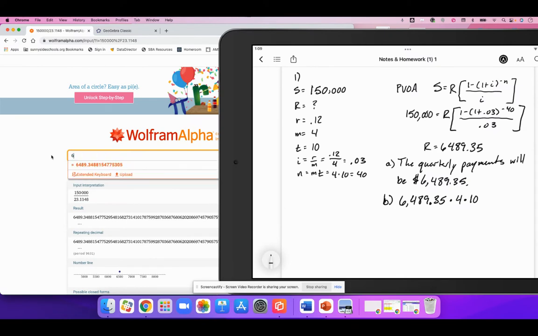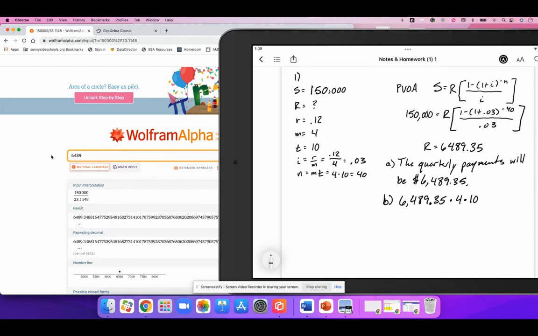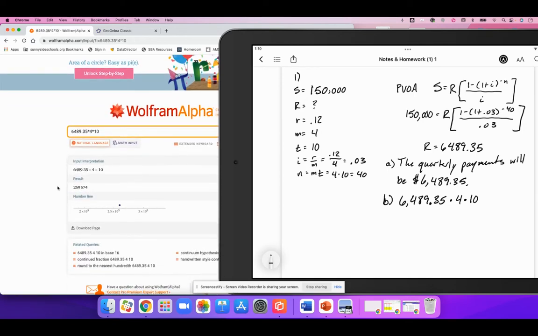So we got 6489.35 times 4 payments per year times 10 years. Most home loans are made on a monthly payment basis. This guy's doing a quarterly thing for whatever reason.